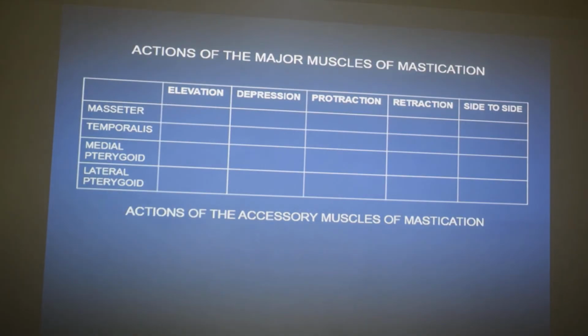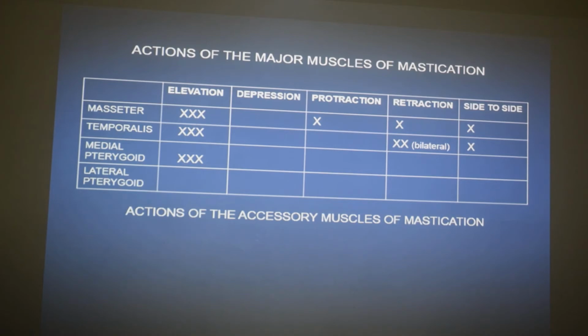And if we look at the function, elevation is done by masseter, and it has a very small function in protraction, retraction, in side-to-side movement. Elevation is also done by temporalis, and it is also doing retraction. So major function here is retraction and elevation.